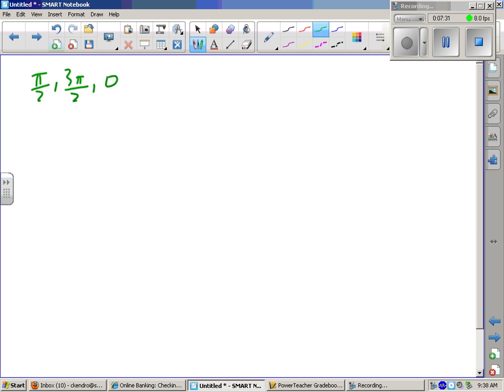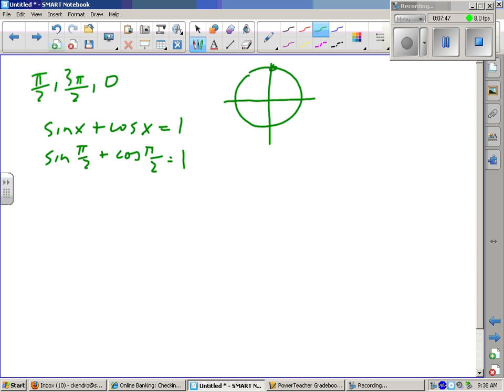And our equation is sine x plus cosine x equals 1. All right, so let's put in pi over 2. So I have sine of pi over 2 plus cosine of pi over 2 equals 1. Think of your circle. Pi over 2 is here. Sine is 1. Cosine is 0. So that one works. So that's a good one.